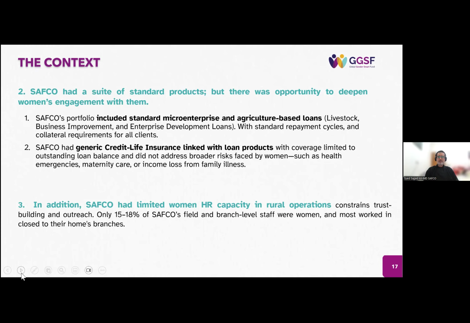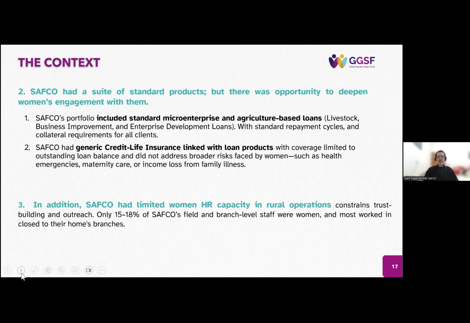But certainly those were based on very cosmetic and standard repayment cycles and standard collateral for males and females for every business. So the product was not appropriate for the particular women's need and demand so far.